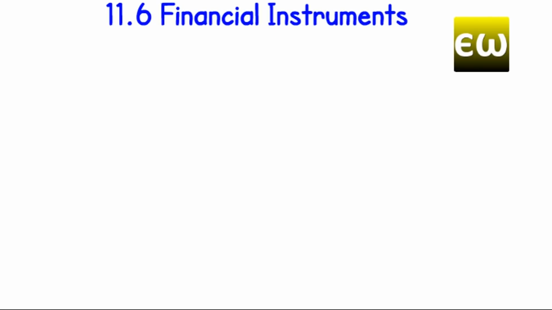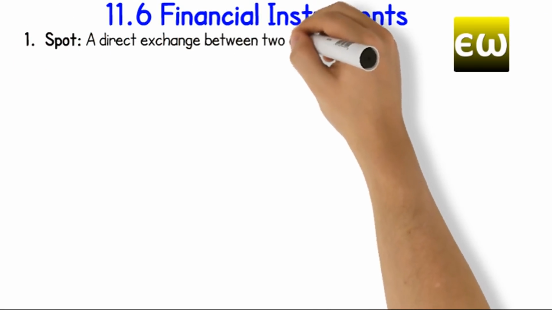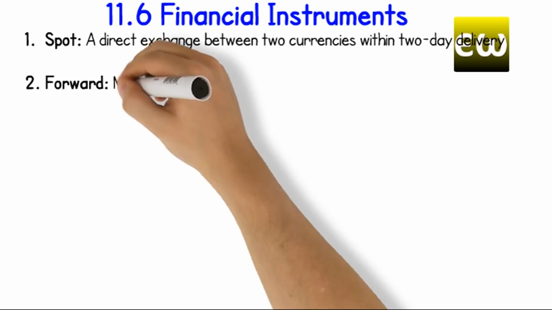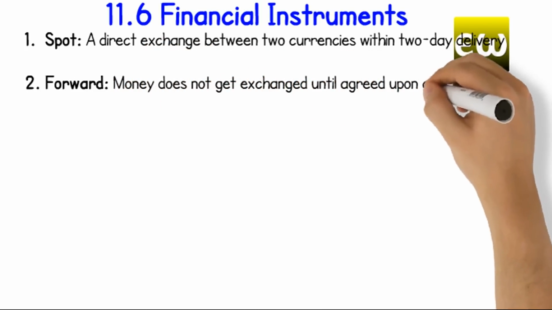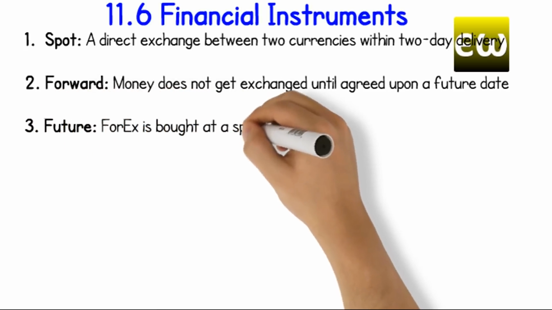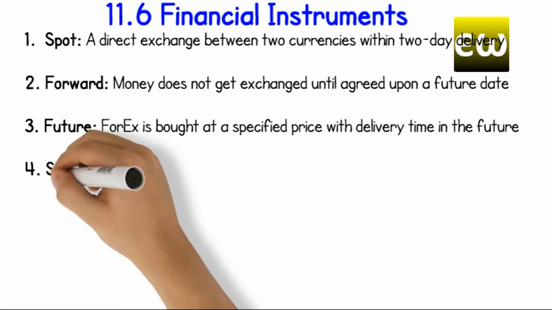Financial instruments. 1. Spot. A direct exchange between 2 currencies within 2-day delivery. 2. Forward. Money does not get exchanged until agreed upon a future date. 3. Future. Foreign exchange is bought at a specified price with delivery time in the future. 4.